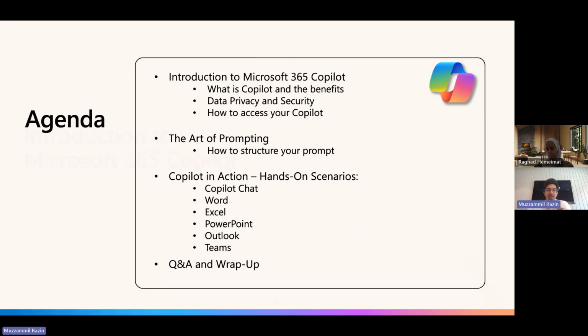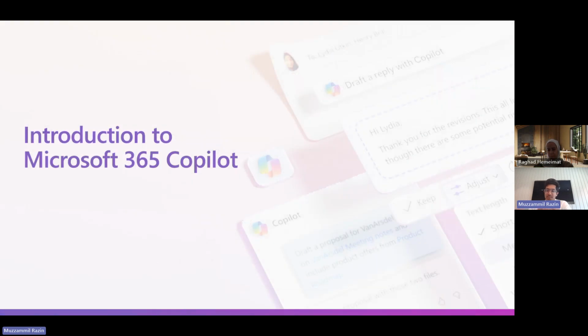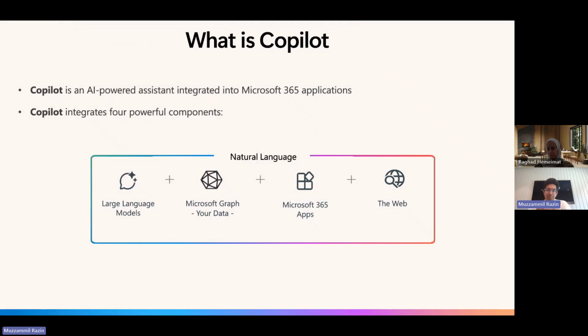So let's move on to the introduction of M365 Copilot. Now, from the word Copilot itself, you can understand it's a co-pilot, which means you, as the users, are the pilots of the system. You control your data, you own your data, you have access to every bit of your data. And this is like a personal assistant which can assist you in your work use cases, in your work tasks.